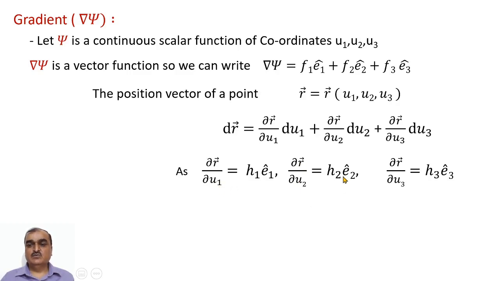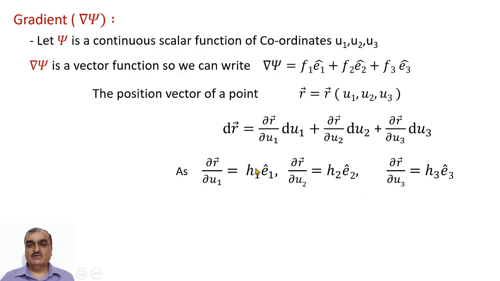Del r bar by del u2 is equal to h2 e2 cap, where e2 cap is a unit vector tangent to the u2 curve. Del r bar by del u3 is equal to h3 e3 cap, where e3 cap is a unit vector tangent to the u3 curve. This we have already obtained in the previous lecture.